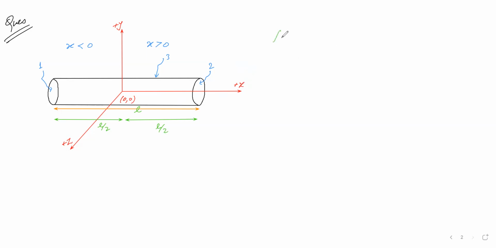Flux through end 1. This is your phi 1, which is E dot S vector after expanding the dot product, or I think there is no need to take the dot product here. Your electric field is given.